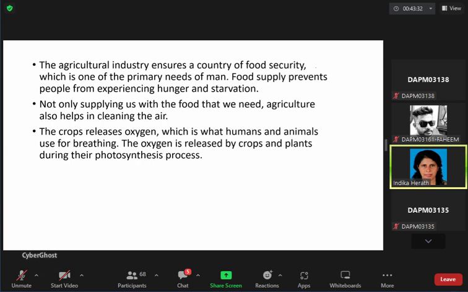So, unlike other industries, in the agriculture sector, when we grow plants, it not only provides us food, but also cleans the environment as well, right? Especially the crop plants release oxygen, which is needed for all of us to breathe. So the photosynthetic process provides us clean air as well.